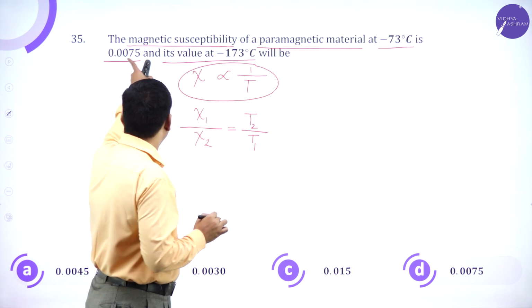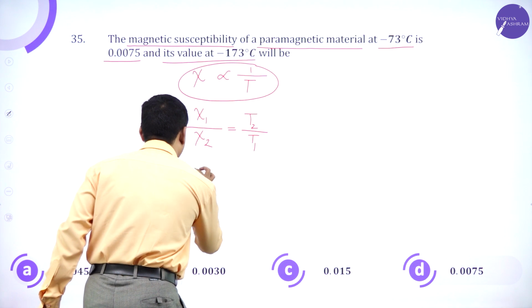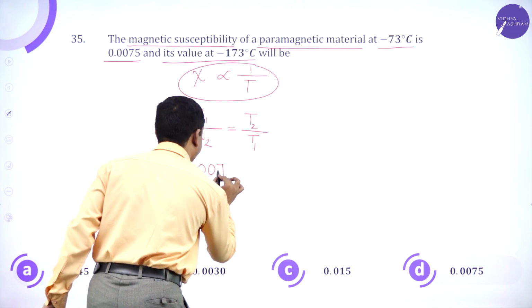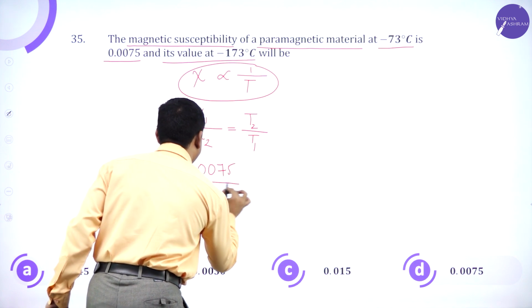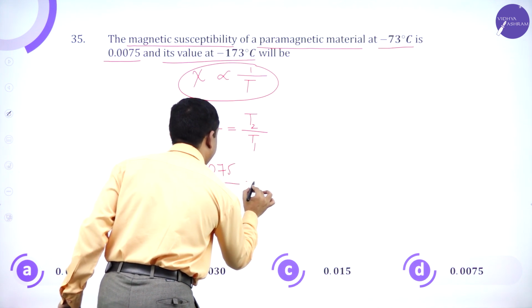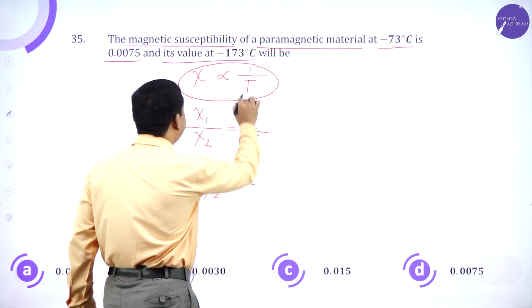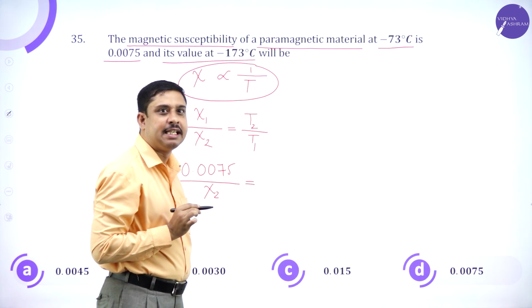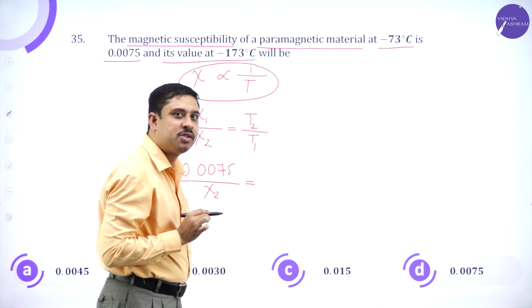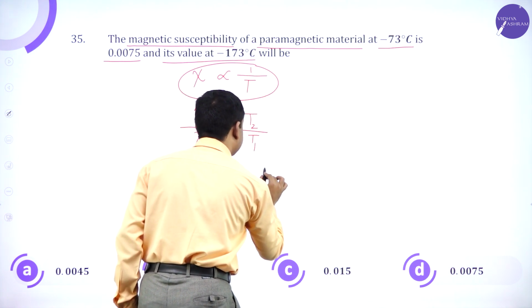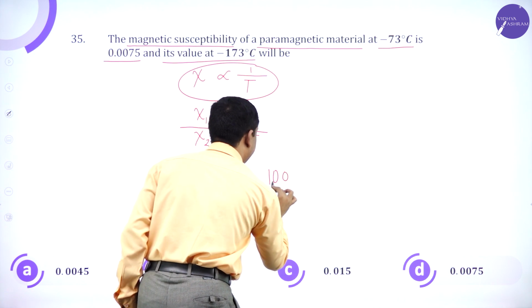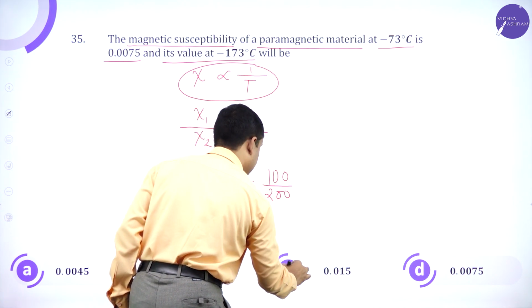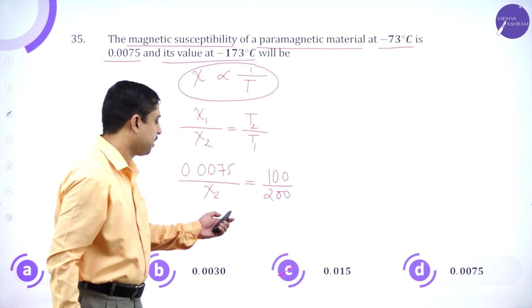Chi1 is 0.0075. Chi2 has to be calculated. T2 is minus 273 plus, very good. So this is 100 divided by 200. So the answer is the third option.